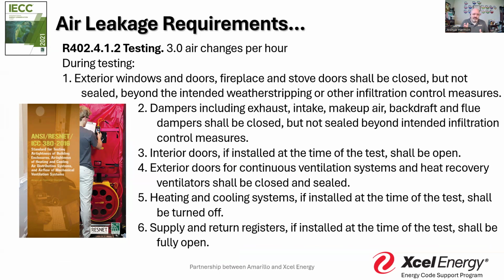Because we wanted to make sure that we weren't rounding down and getting 3.4 or 3.2, right? So 3.0 air changes per hour. And there are certain things that we're expecting to happen during that testing process, right? That's something that we as inspectors are maybe not responding to or looking for, but we need to make sure that those expectations are there during that testing process.